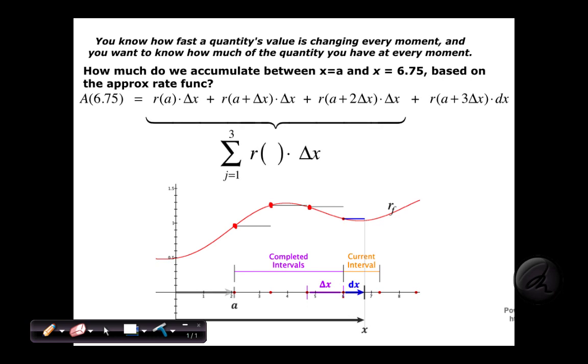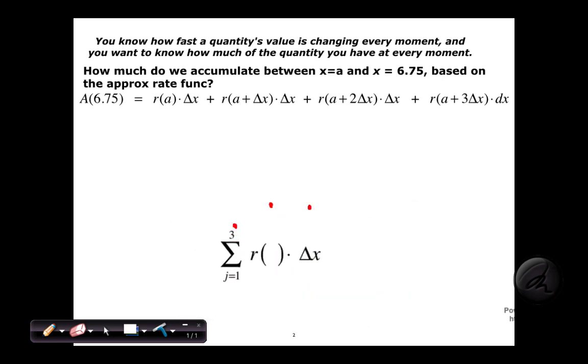So, because each of these is r of something times delta x, the rate times the length of the independent variable interval that we use it for. What goes inside, let me clear those dots out of the way. We need an expression, and I use the letter J here, because your book uses the letter J in all its examples.